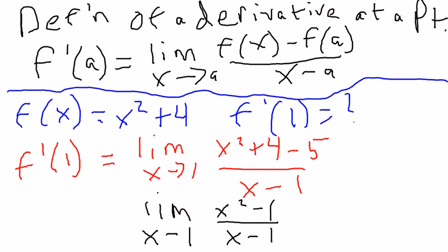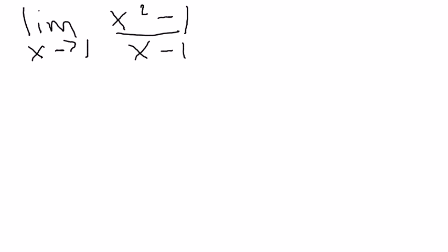So if we simplify this, 4 minus 5 is negative 1. So we have the limit as x goes to 1 of x squared minus 1 divided by x minus 1. Now I'm just going to rewrite this on a new slide. So we have the limit as x goes to 1 of x squared minus 1 divided by x minus 1.